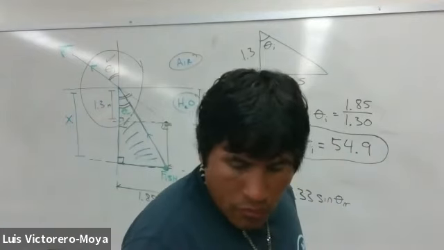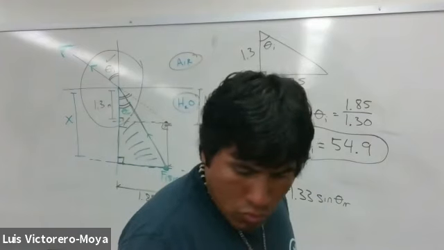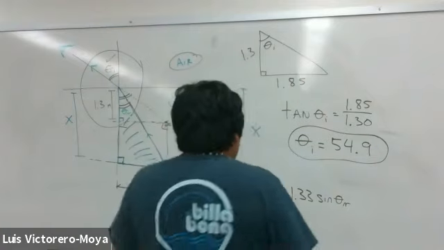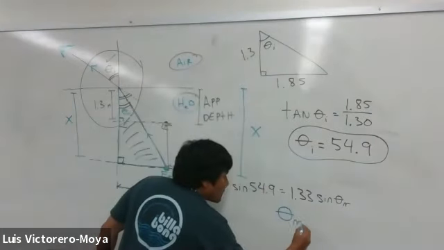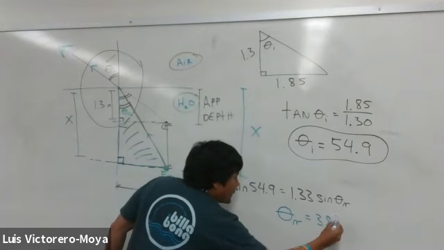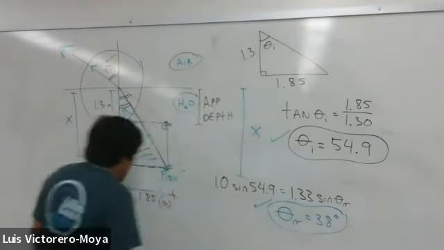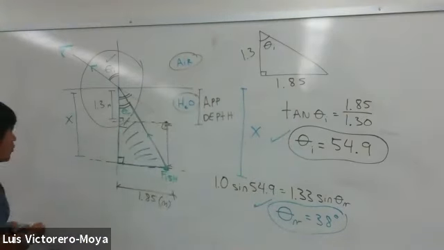Sine, arcsine, 38 degrees. So theta r is 38 degrees.